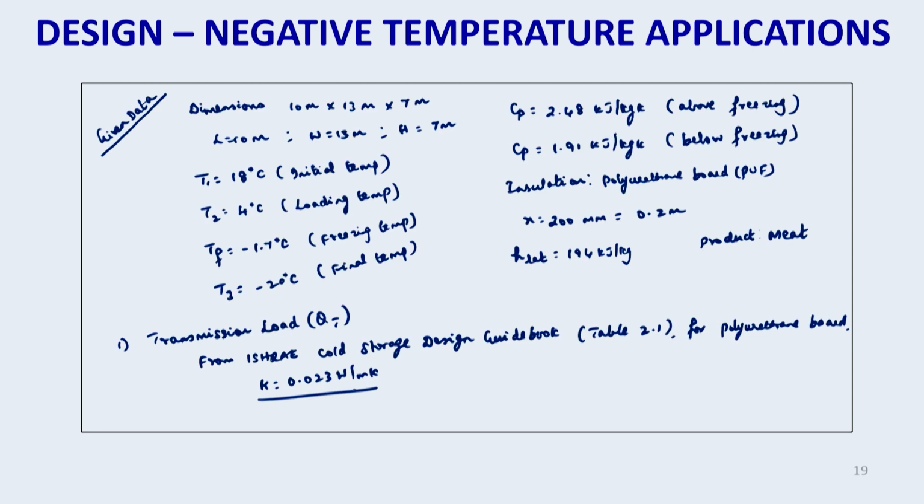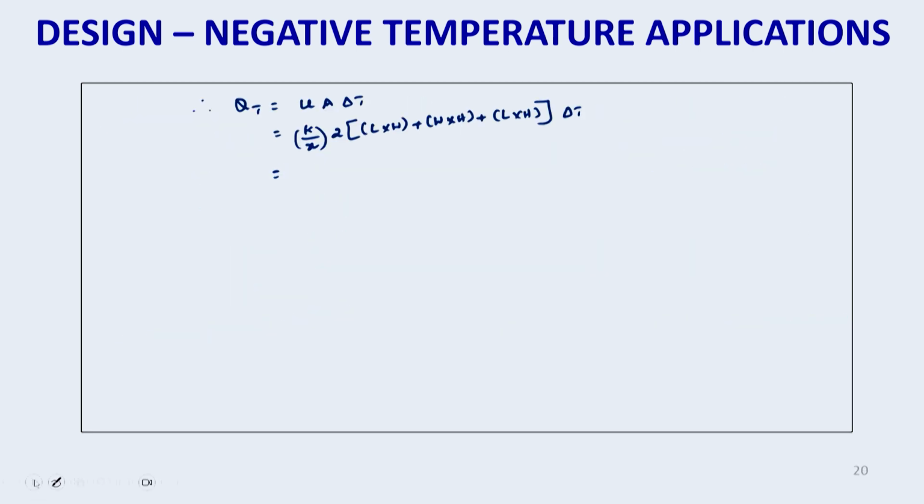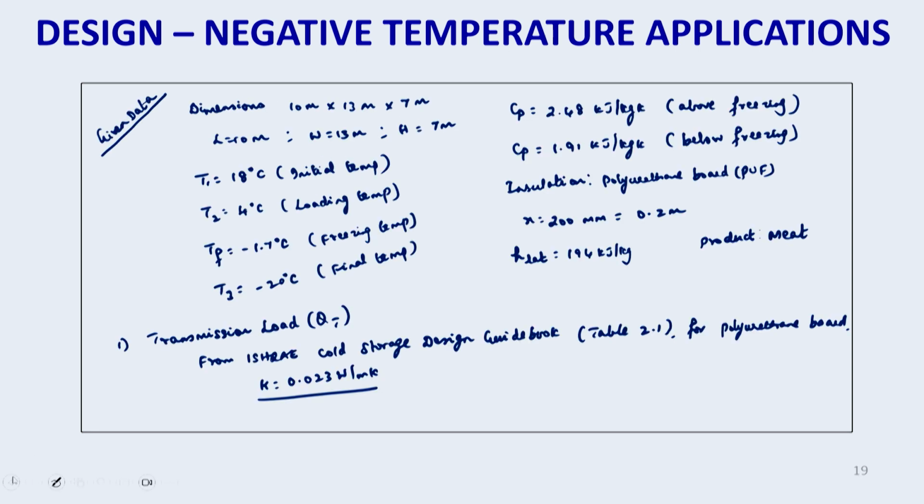K value we have taken from table number 2.1, 0.023. Thickness is 0.20, into the dimensions 10 by 13 by 7.